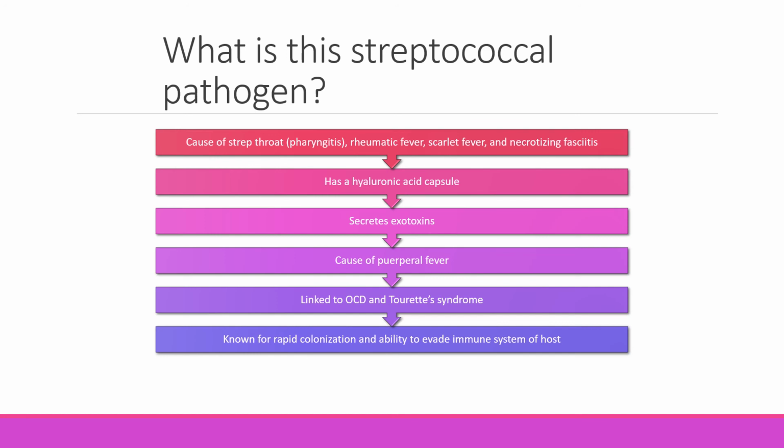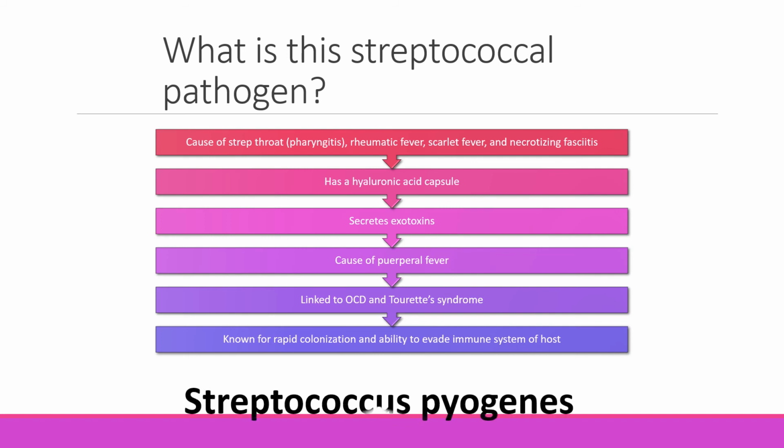This pathogen has also experienced a resurgence in attention due to its ability to colonize rapidly, multiply, and spread in the host while evading the immune system. What say you? If you guessed Streptococcus pyogenes, you are correct.